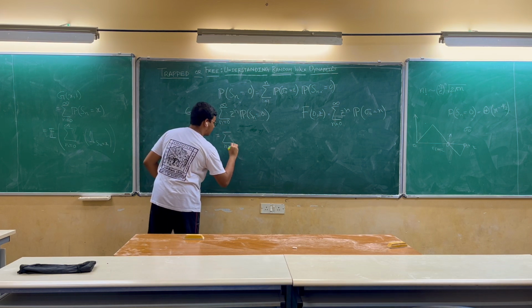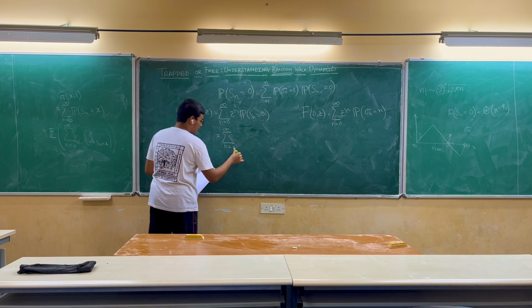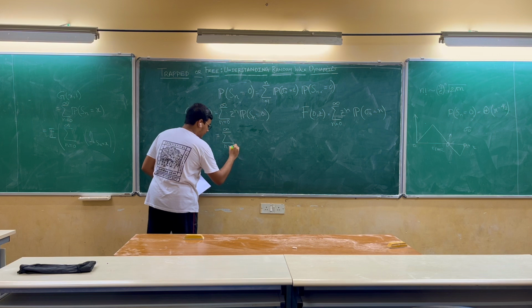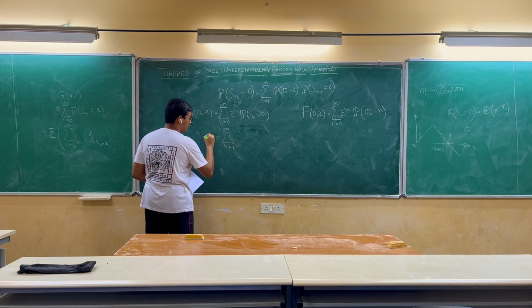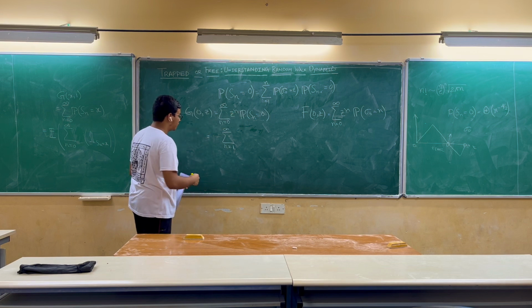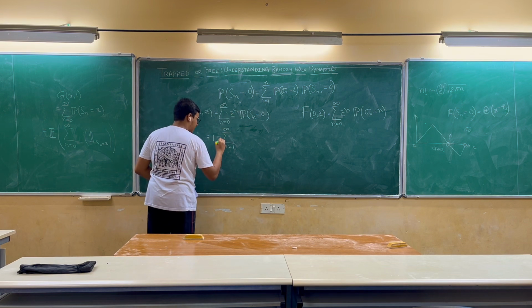So we have the sum from n equal to 0 to infinity, or instead of starting from 0, let us start from the point 1. For n equal to 0, this thing will be z to the power 0 times something, so that is basically 1.